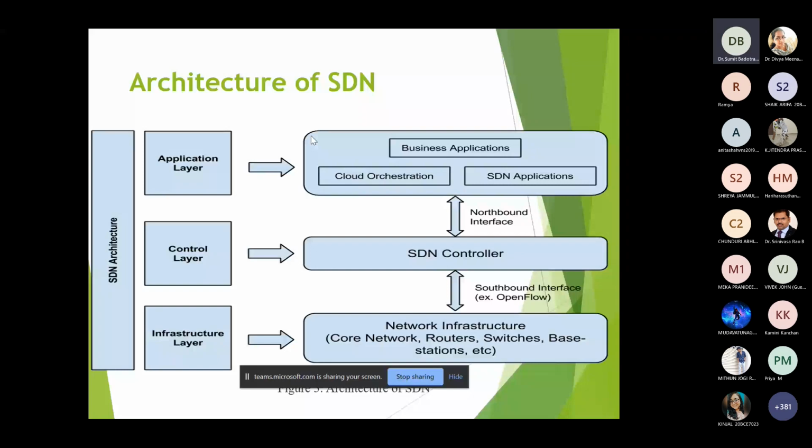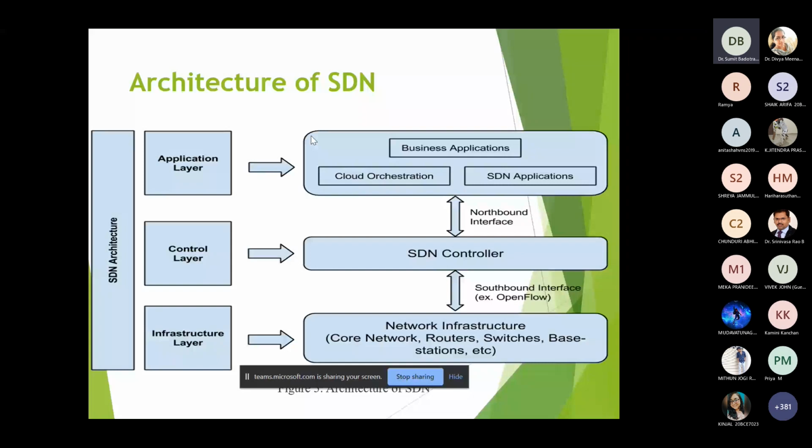Now, in order to provide the communication link among all these layers, we have interfaces called application programming interfaces, APIs. In order to provide the communication between your SDN control layer and application layer, we have northbound APIs. And in order to provide a bi-directional communication between your control layer and infrastructure layer, we have southbound application programming interfaces.